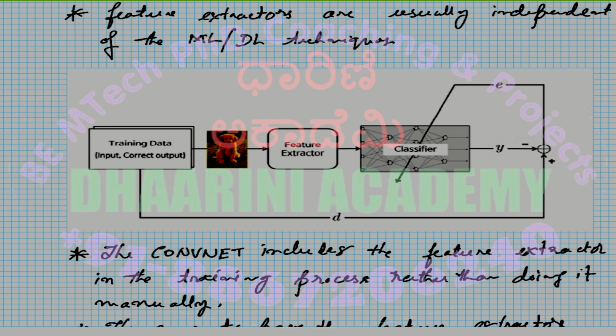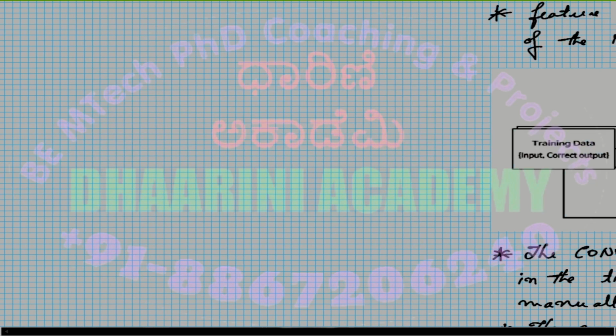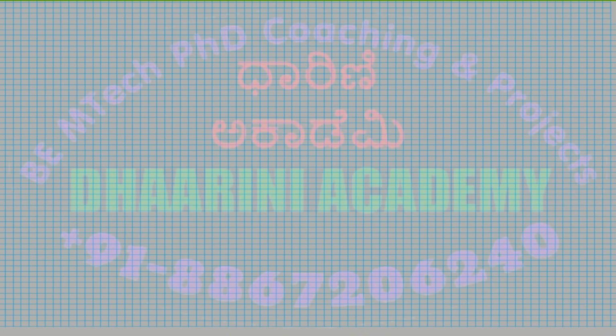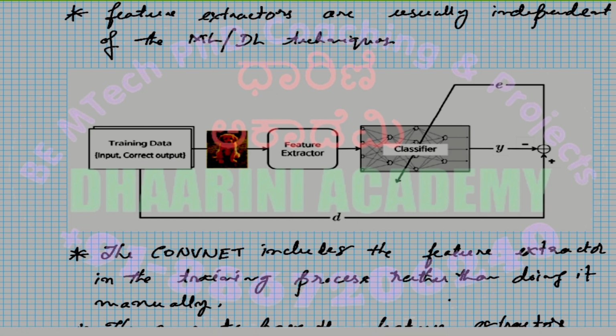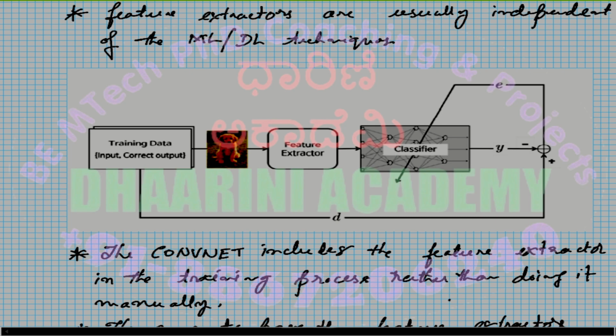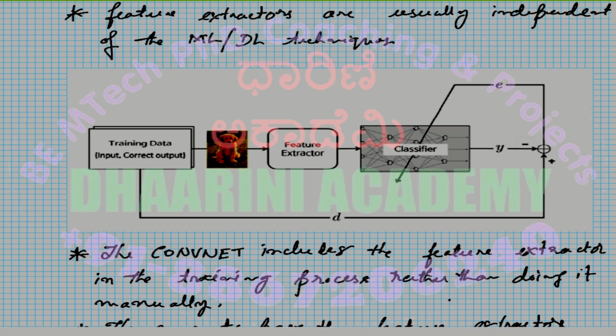ANN, the simple neural network, falls under this case, and you can see that there is a specific layer called the feature extractor. The feature extractor comes into picture because the neural network expects inputs representing the features of the data set which we want to classify.